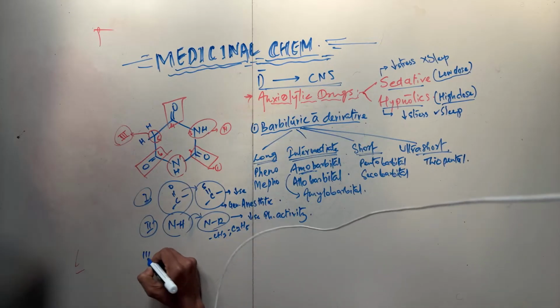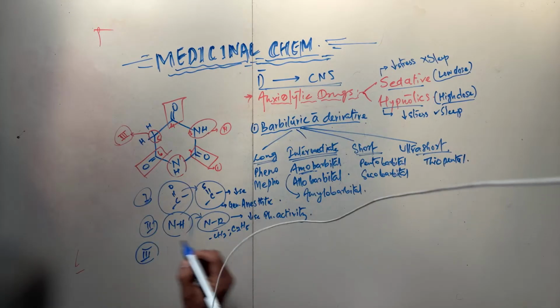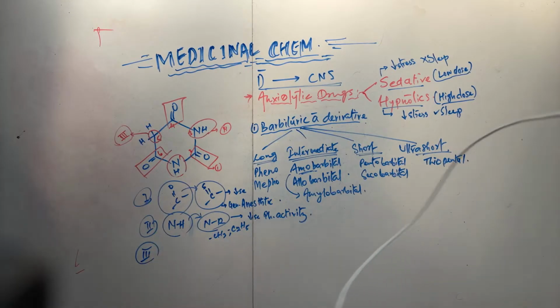Next we will see the third modification. What is the third modification possible? Third modification is possible at fifth carbon. In fifth carbon, two hydrogens are there, yes or no?